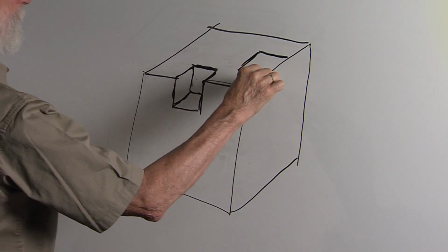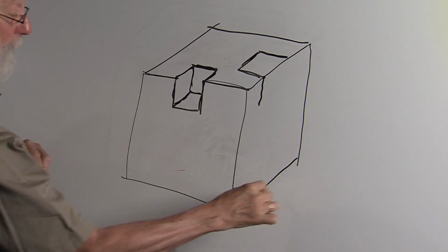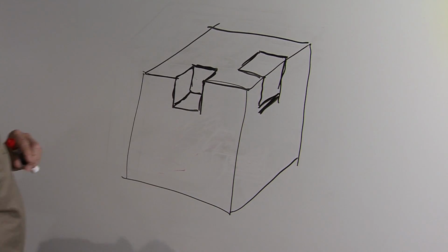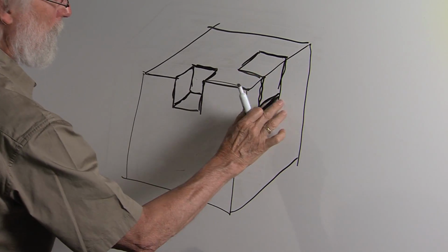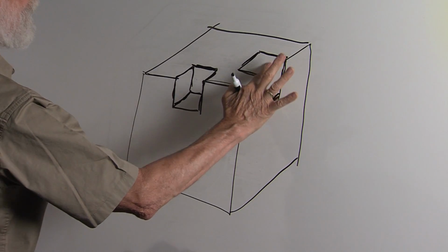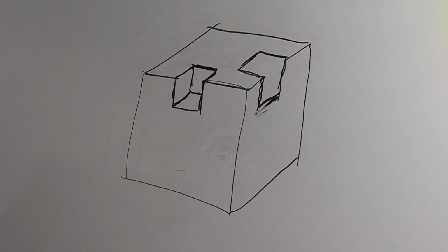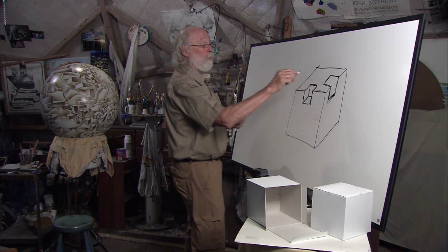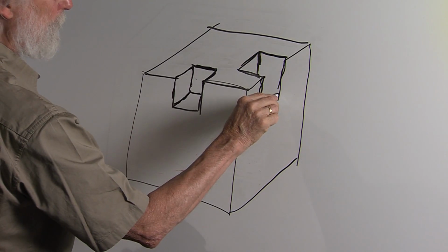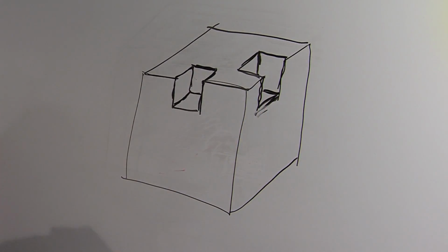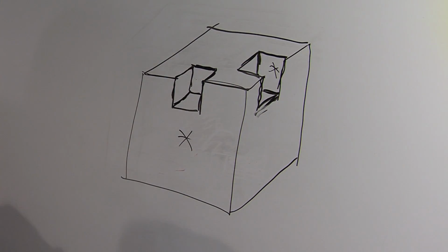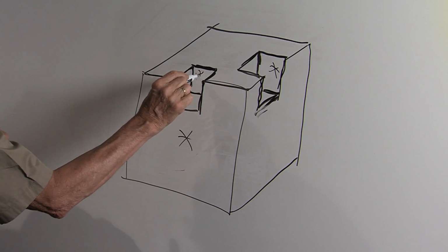And then the front of this has to copy this shape, like so. All right, and then take away that line. That's where your eraser comes in. You've got a nice hole there, but it doesn't look quite right till you add this line straight down and this line back in like this. Now this little plane right here is the same plane as that, is the same plane as this.